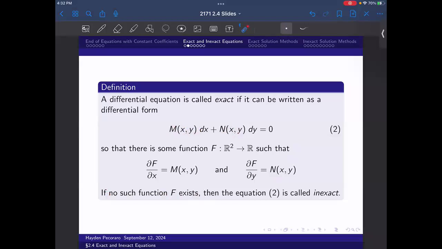If you can't find such a thing, then the equation is inexact. And that can happen. We'll see some examples.